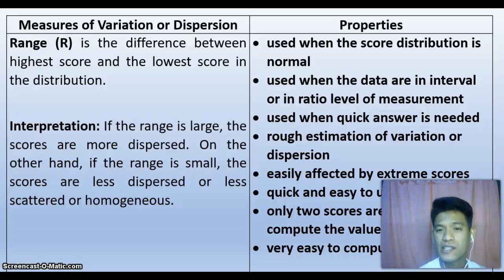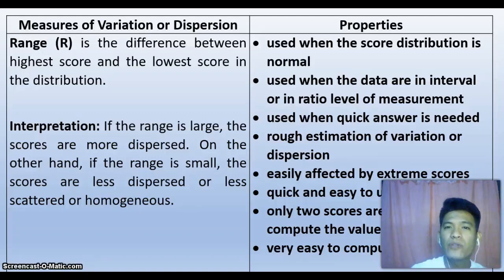The third, it is used when a quick answer is needed. The fourth, rough estimation of variation or dispersion. It is easily affected by extreme scores, quick and easy to understand. Only two scores are needed to compute the value of range, and it is very easy to compute.